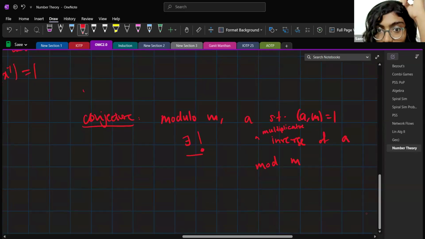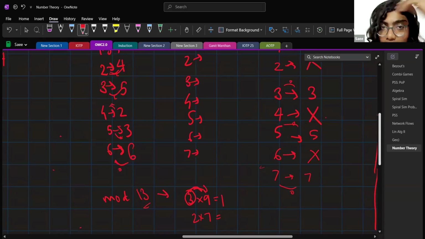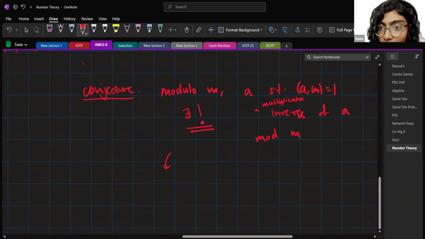I'm saying there exists a unique multiplicative inverse. Before that, maybe somebody can question me and say, why should there even exist a multiplicative inverse in the first place? Maybe we have only gotten lucky so far that we have found the inverses. How do you know that there will always exist a multiplicative inverse? And that's maybe also something to think about.